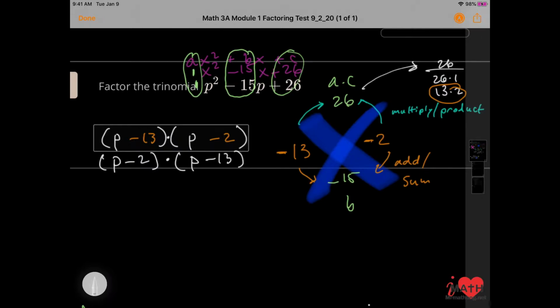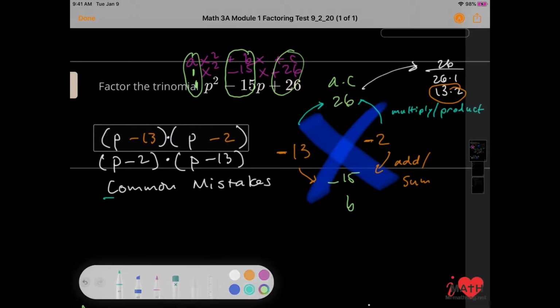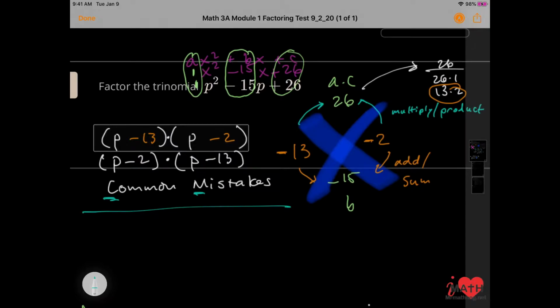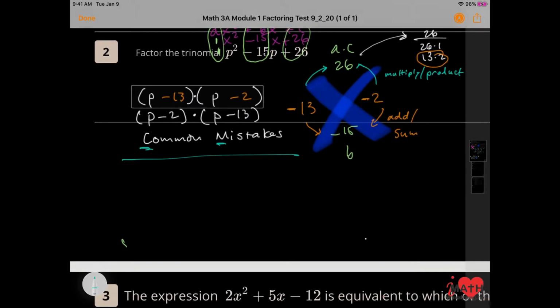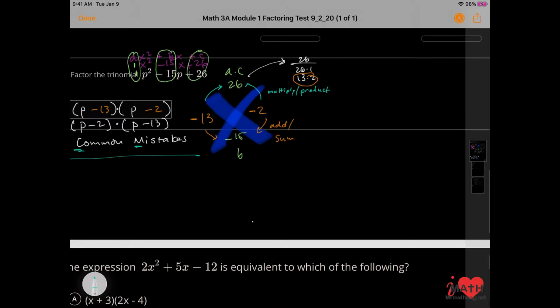and you will get full credit for either of those. All right, I want to talk about some common mistakes. And I'll show you guys how I went back and did partial credit. So these are my CMs, okay? For question number 2, this one has a max score of 1.